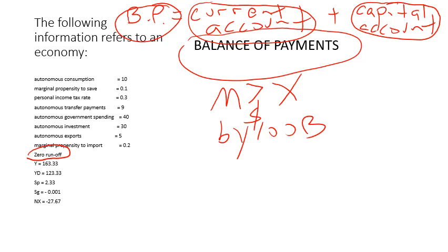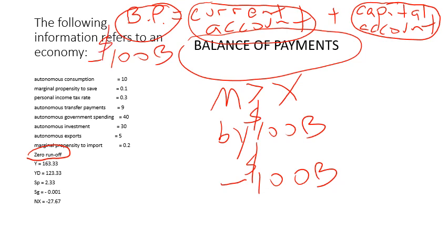So the balance of payments, more specifically the current account, would show negative $100 billion. And the balance of payments would no longer be zero. It would also be negative $100 billion. So, you see, given this assumption of zero runoff, that means that our trading partners, see, we have a trade deficit. Our trading partners have a trade surplus.